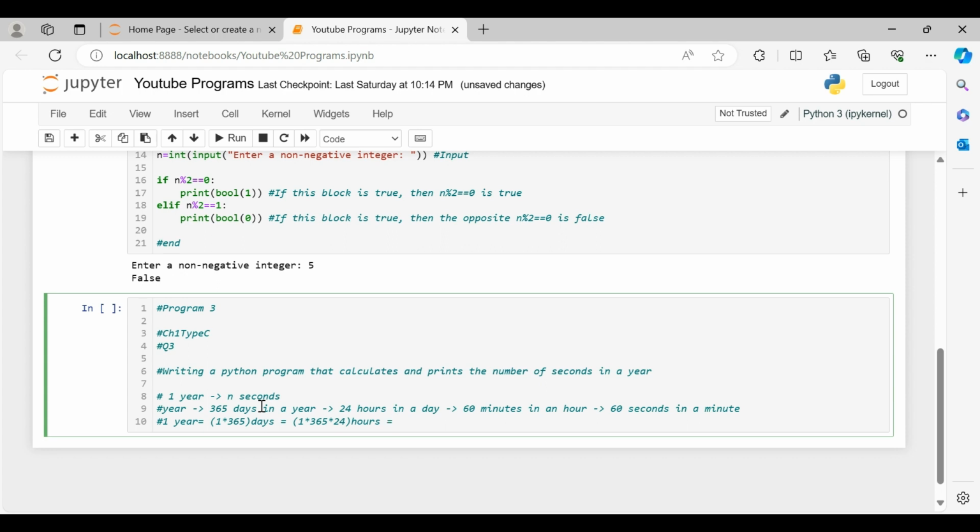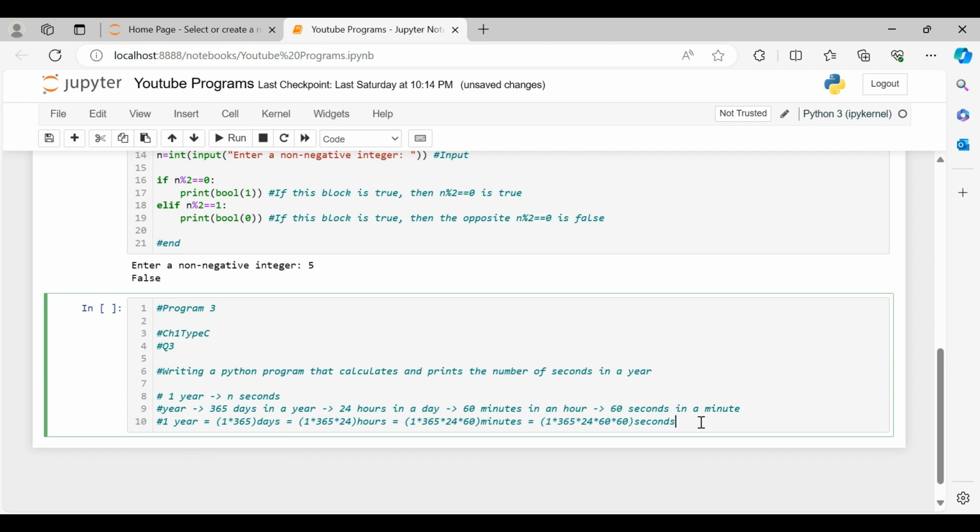This is equal to 1 times 365 times 24 times 60 minutes. This is finally equal to what we are looking for, 1 times 365 times 24 times 60 times 60 seconds. You can look at it this way because it makes a lot more sense when I'm showing the units.